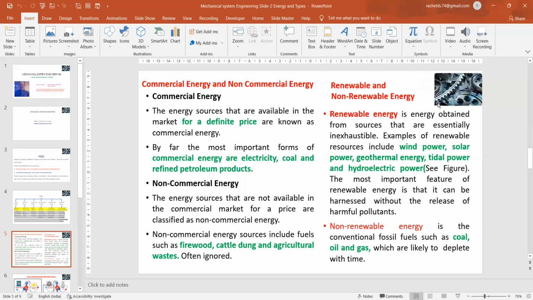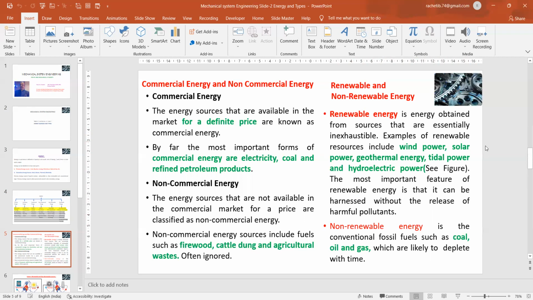Renewable and non-renewable energy. Renewable energy is the energy obtained from sources that are essentially inexhaustible. Examples of renewable sources are wind power, solar power, geothermal energy, tidal power, and hydroelectric power. See the figure. The most important feature of renewable energy is that it can be harnessed without the release of harmful pollutants.